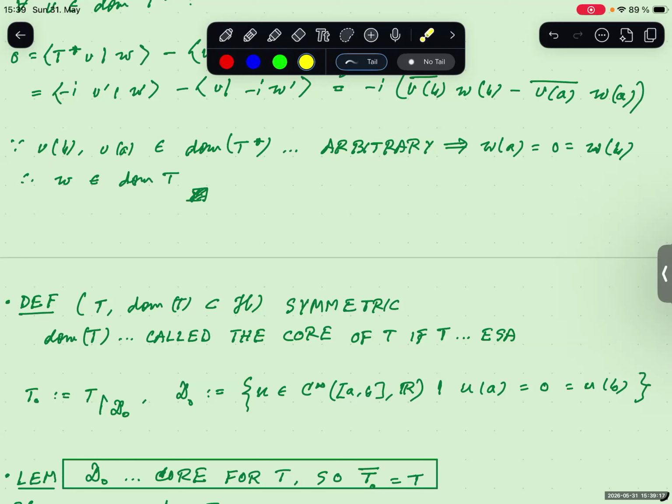In other words, for an unbounded operator, a core is a domain where the operator is essentially self-adjoint. Is it clear now? Okay, thank you. Thanks for your question.